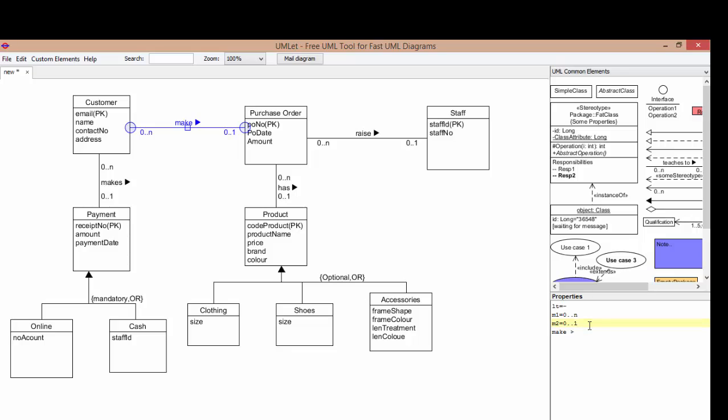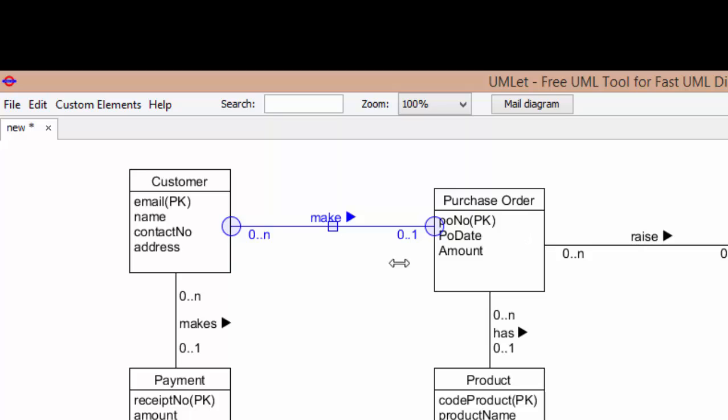So to do the multiplicity, the relationship customer and purchase order, one customer can make minimum one purchase order, maximum many purchase order, and one purchase order can make by minimum one customer, maximum one customer.